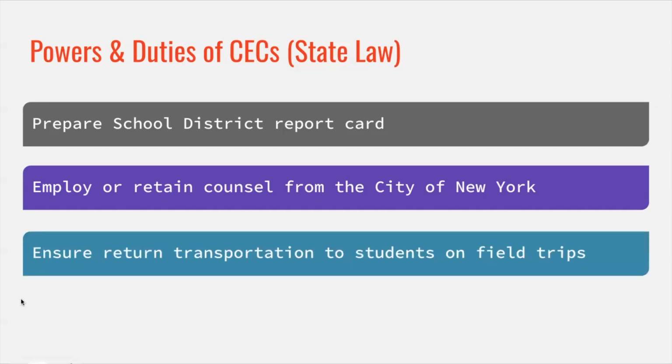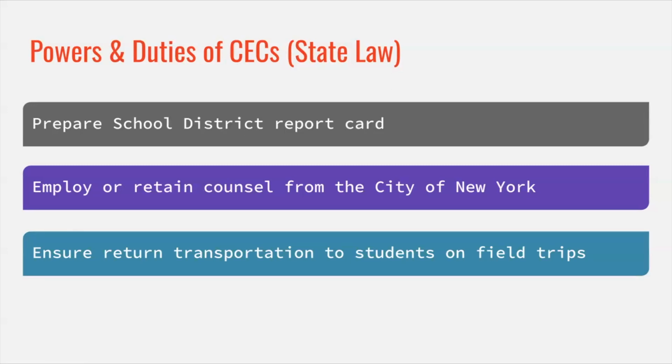Then there's a very strange section in the law talking about student transportation. Specifically, it says that the CECs are responsible for ensuring return transportation to students on field trips and extracurricular activities. It's probably a leftover from the school board days. I don't think any CECs are actually responsible for providing pupil transportation.